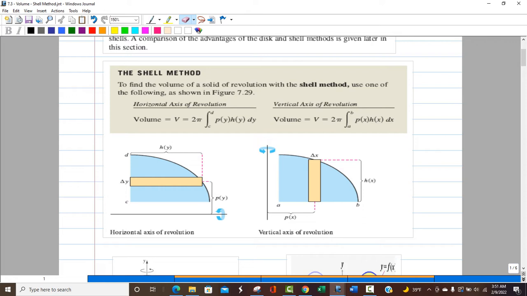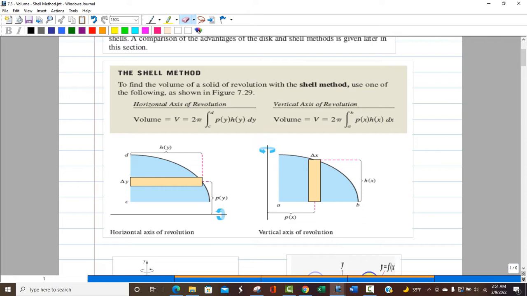The delta y is your thickness here, and this is a horizontal axis of revolution, and then delta x is the thickness of the edge of this shell for a vertical axis of revolution. Now, one thing I want to point out right off the bat that's completely different from the disc washer method is that with the shell method, when you're doing a horizontal axis of revolution, you are integrating with respect to y, which is the opposite of the disc washer method, which was with respect to x.